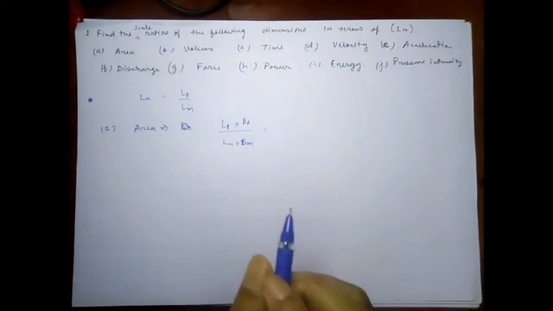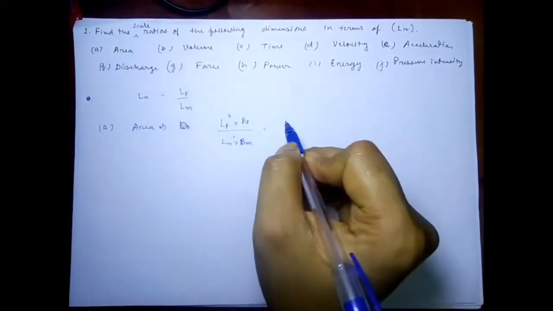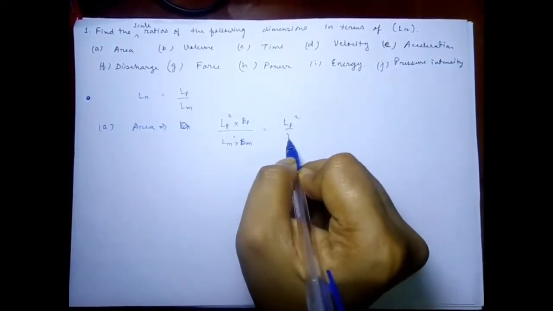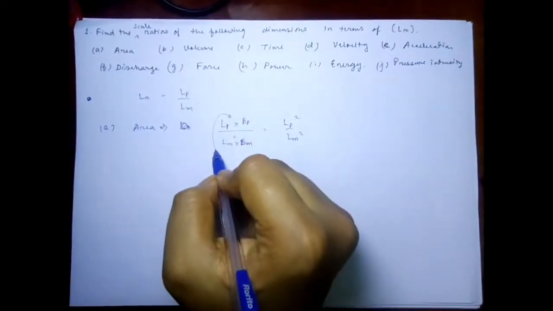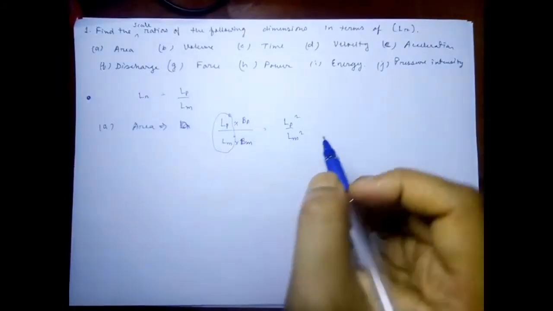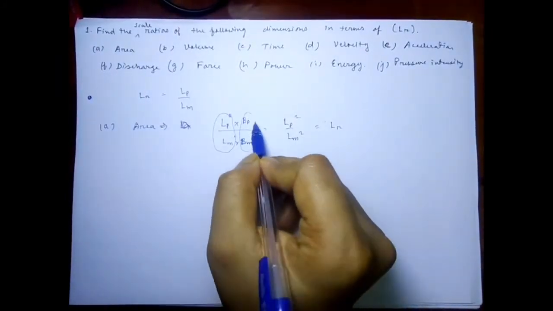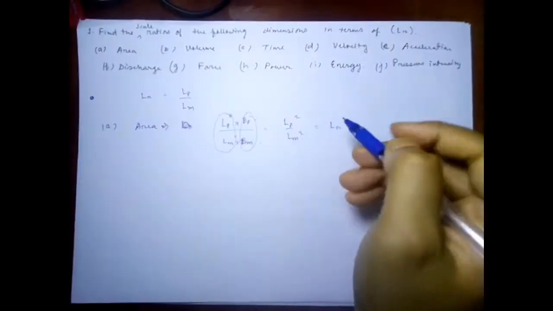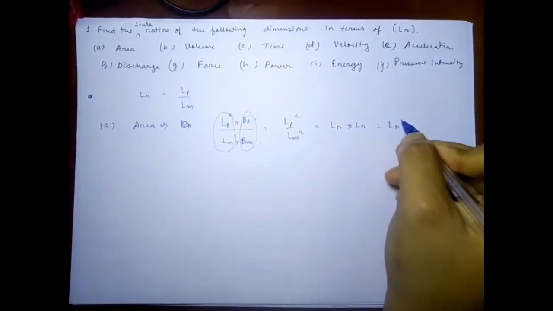Or you can write LP square by LM square. Basically LP upon LM is LR, and BP upon BM is also a length, so you can write it as LR again. So it is equal to LR square.